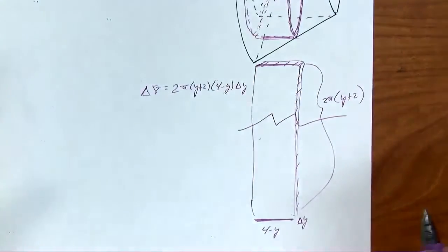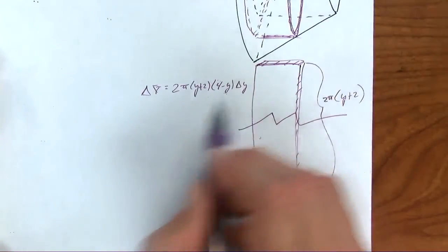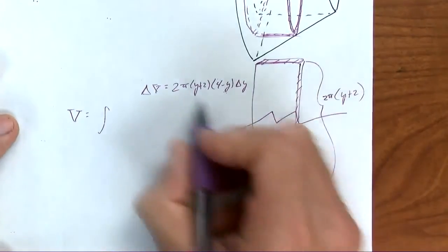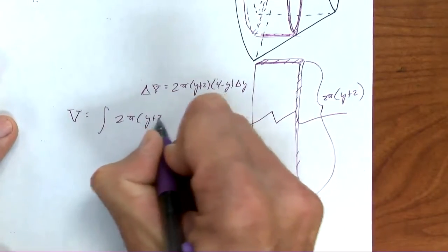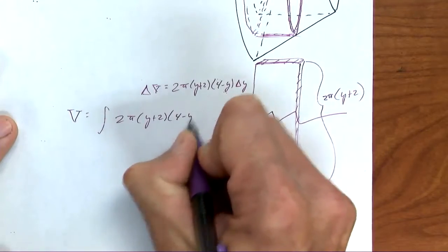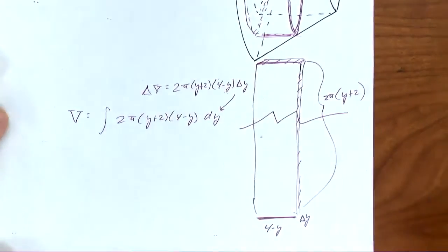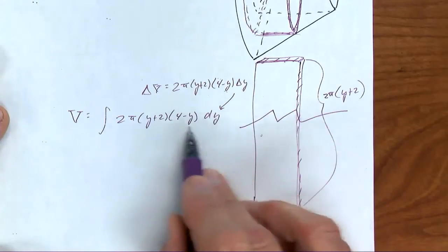And if I want to find the volume of all of those slices, as we take the limit as delta y goes to 0, we do that in the form of an integral. It's going to be the integral of all that stuff. Very formal math term: stuff. Delta y becomes dy. And because of the dy, all the stuff has got to be y's.